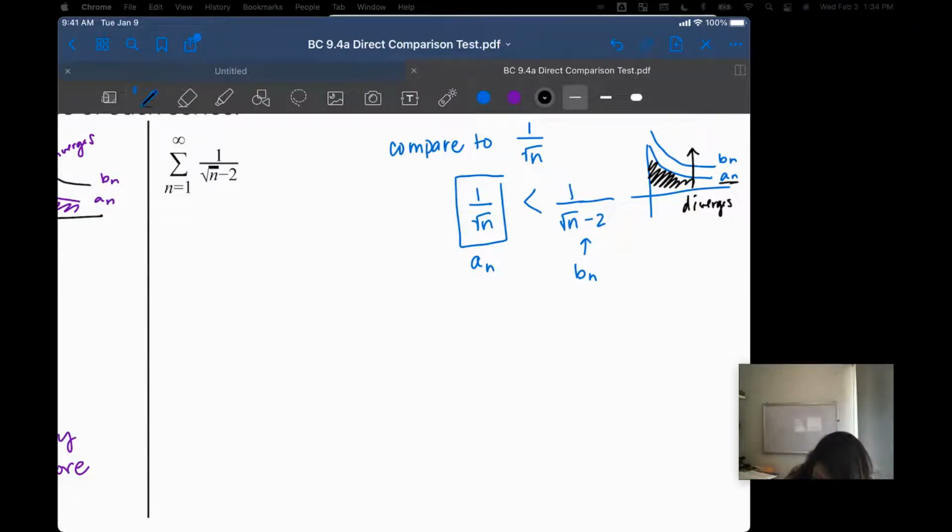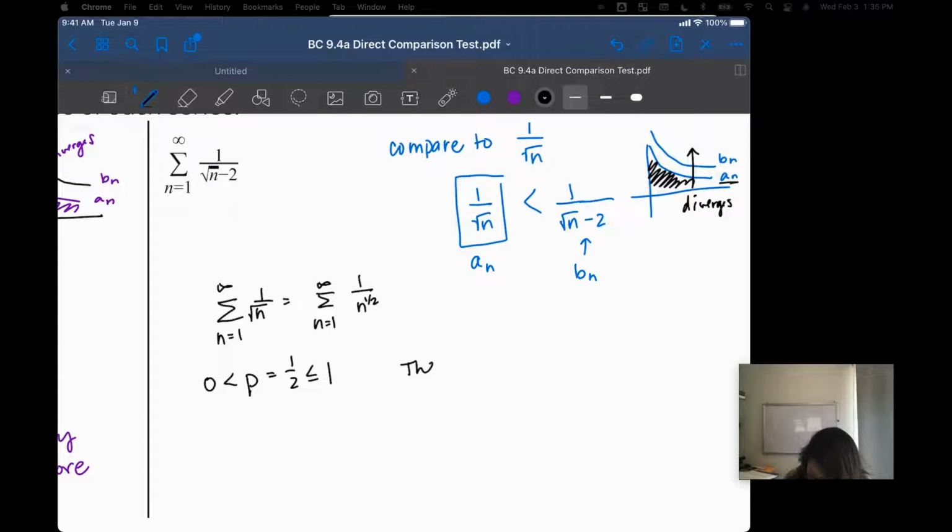So I am going to go ahead and look for the convergence of 1 over the square root of n. I'm going to do the sum as n equals 1 to infinity of 1 over n to the 1/2 power. This is a p series. So p is equal to 1/2, which is less than or equal to 1, but greater than 0.